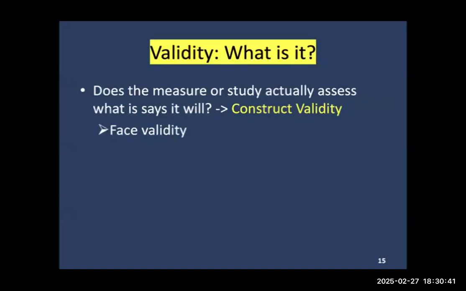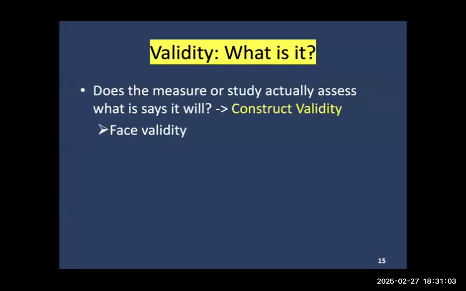Construct validity is you establishing that if it's about happiness, you can show people that you're really studying happiness and it's not something else that's related to happiness. There are different ways that you can do this.